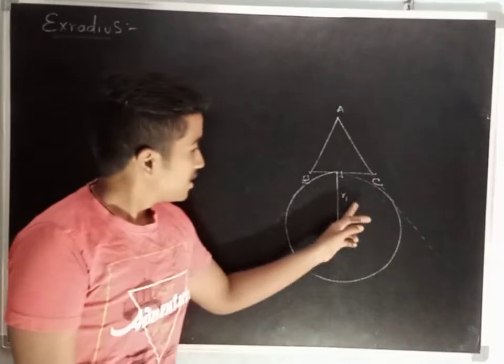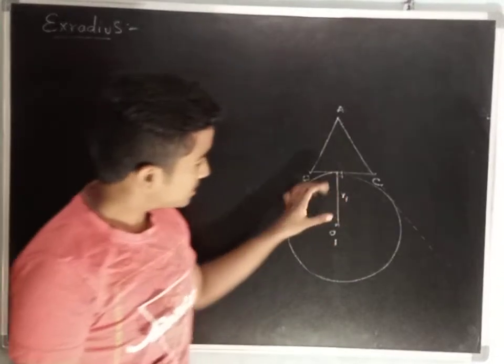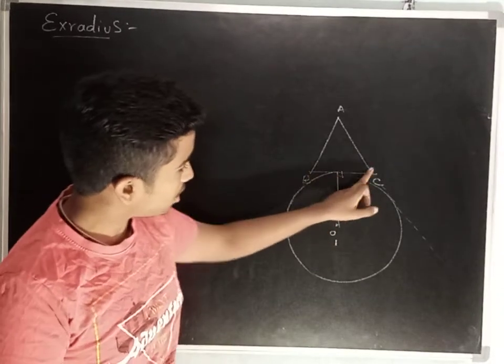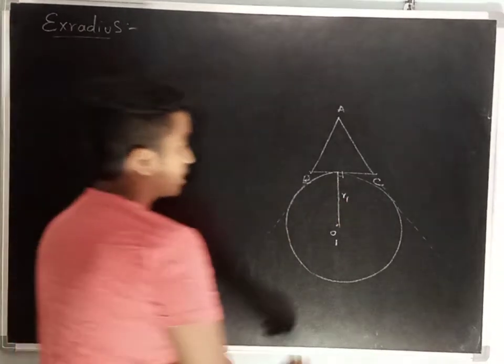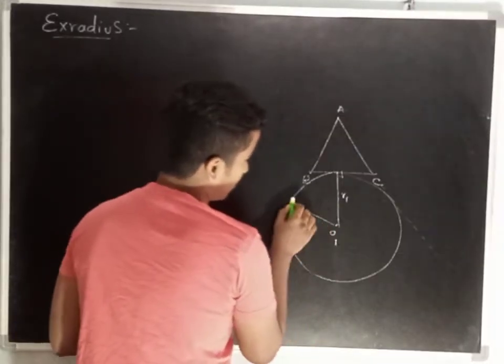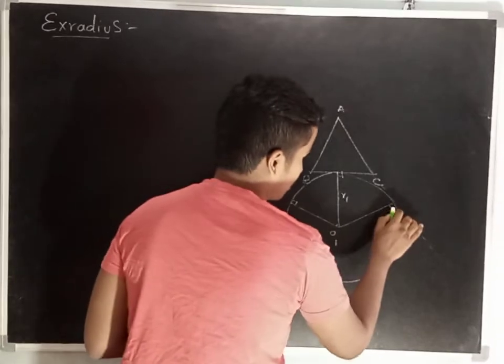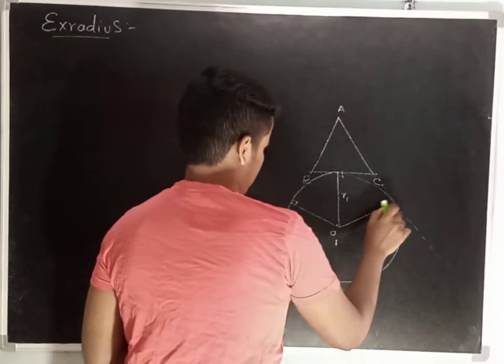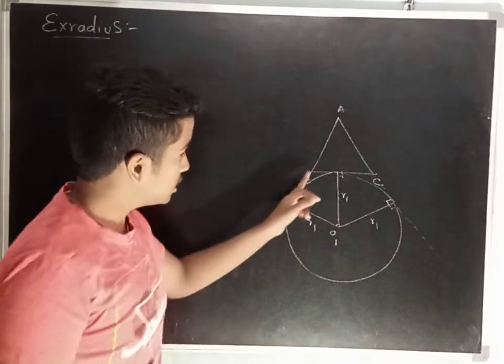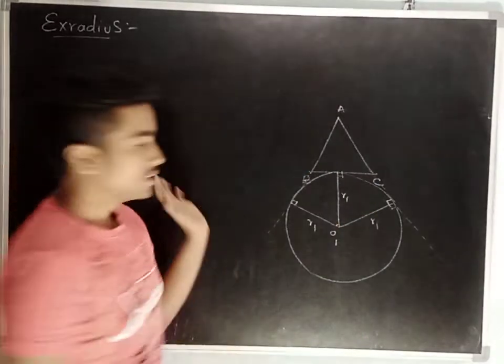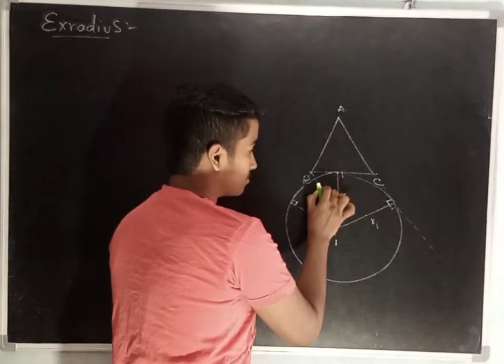Let me draw a perpendicular on side BC, which is nothing but the radius of this circle, R1. And next, perpendicular on this and perpendicular on this, R1, R1. Let me join these two vertices with the center. Let me draw an imaginary line.